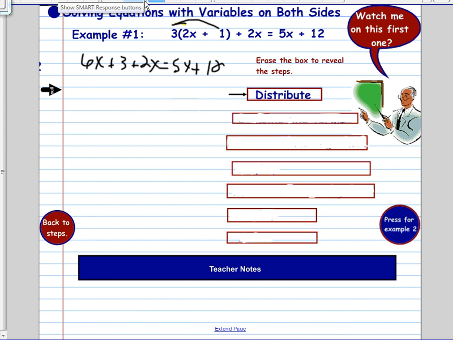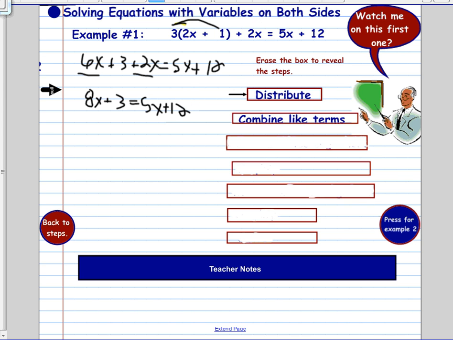All right, so our next step would be to combine our like terms. This means combine our like terms on this side of the equation and on this side of the equation. On this one we have a 6x and a 2x, so we want to add those because there's a positive sign in front of the 2x, so that would be 8x plus 3 equals 5x plus 12.